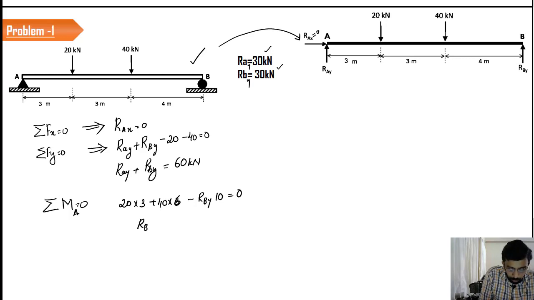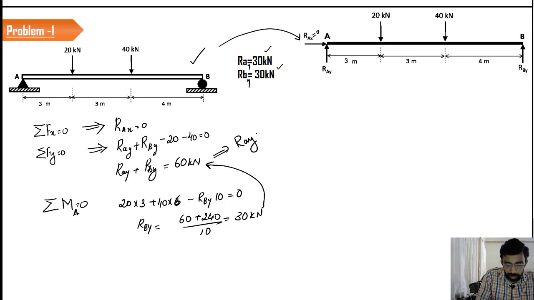So RBY equal to 60 plus 240 divided by 10, the value is nothing but 30 kilonewton. So if you substitute it over here, it will give the value of RAY as 30 kilonewton.